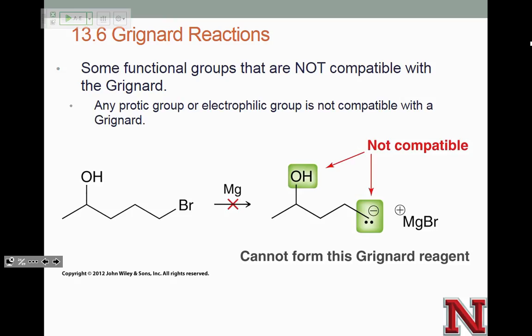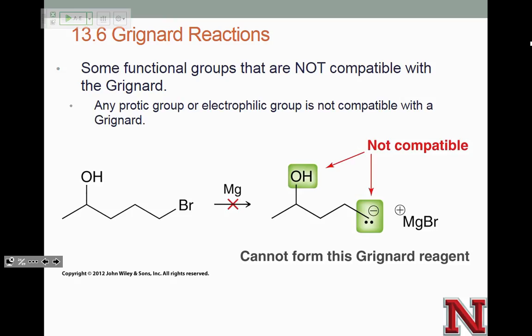So we cannot have any partial positive hydrogens. Our biggest problem is OHs. Of course, an NH could be an issue. Those aren't as easy to deprotonate, but again, this is really reactive. It's not stable at all. So any partial positive hydrogen cannot be anywhere near this reaction.